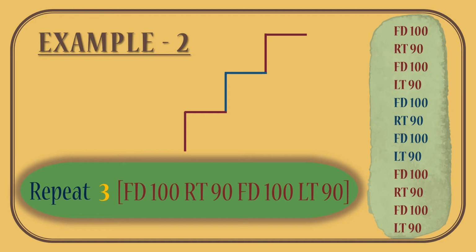Remember there is one space between FD100, RT90. After this, there is a space between each command. Okay, when you type this command in the input box and press enter key, it will draw these three stairs. That means we are replacing all these commands with only one command.